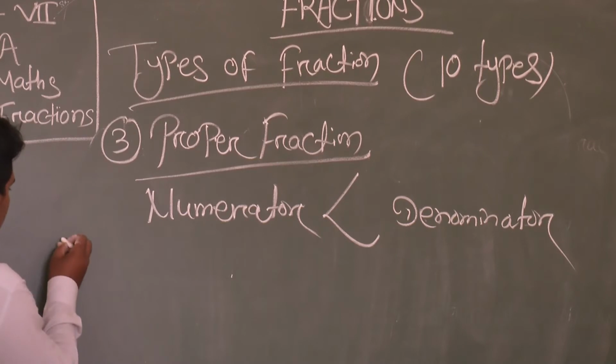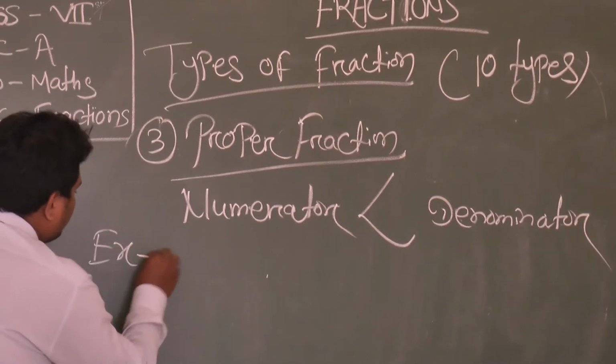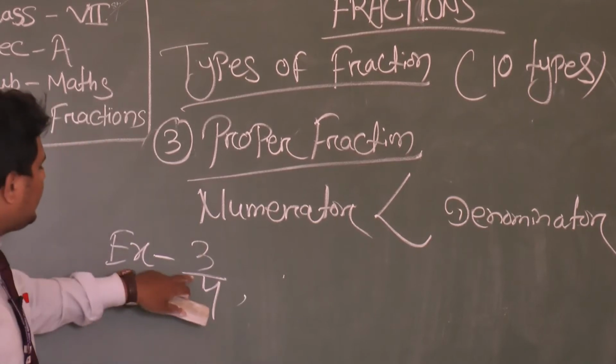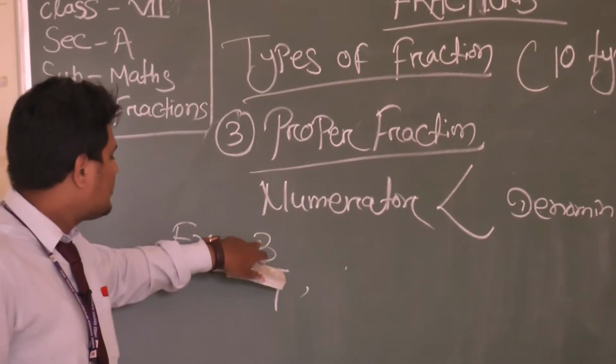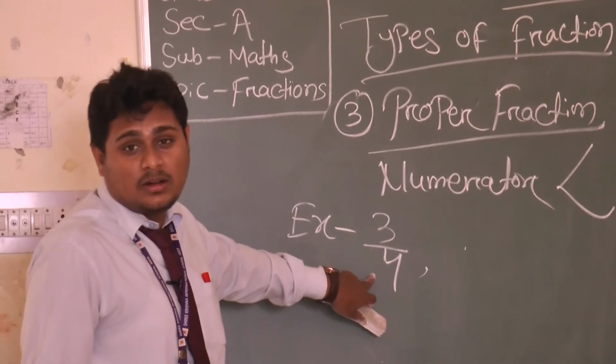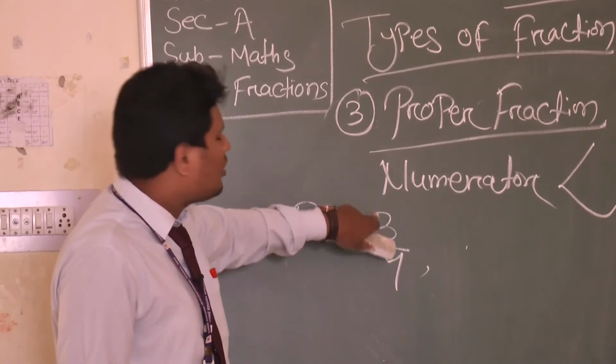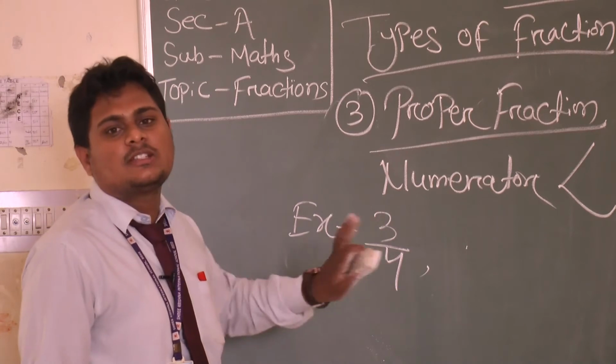Let's see some examples of proper fraction. Suppose 3 by 4. In 3 by 4 the numerator is small and 4 is greater. So the numerator will be smaller than the denominator, that is known as proper fraction.